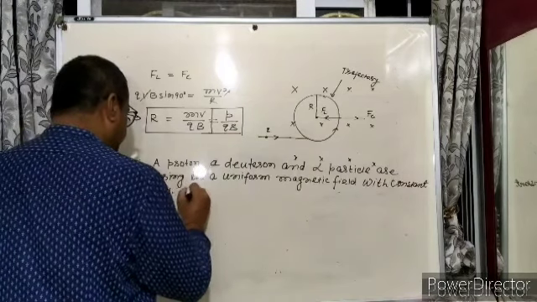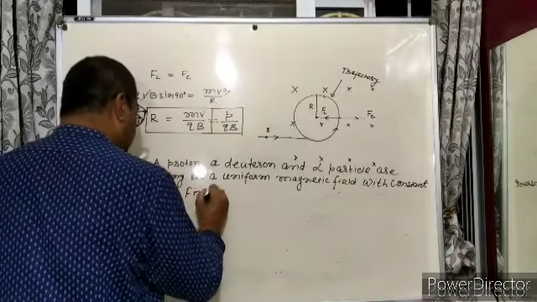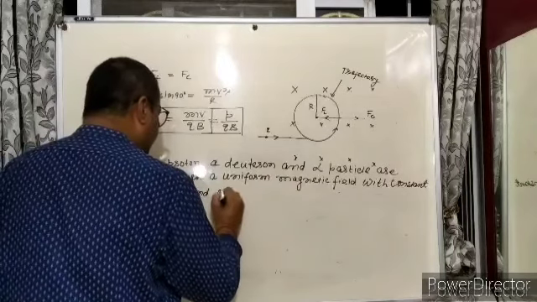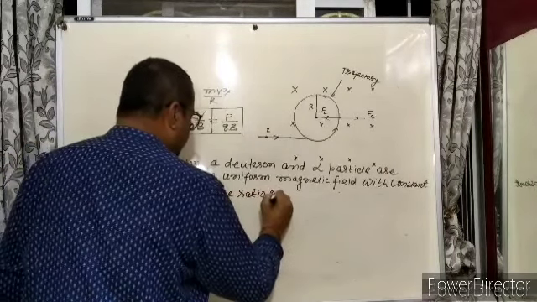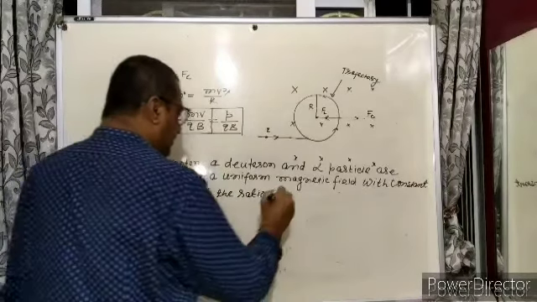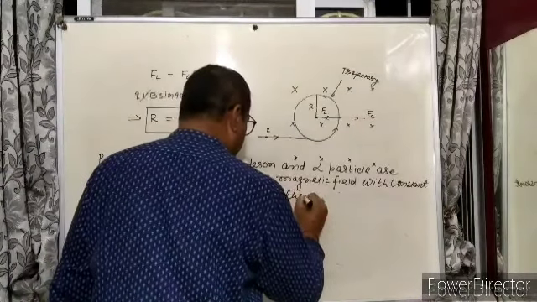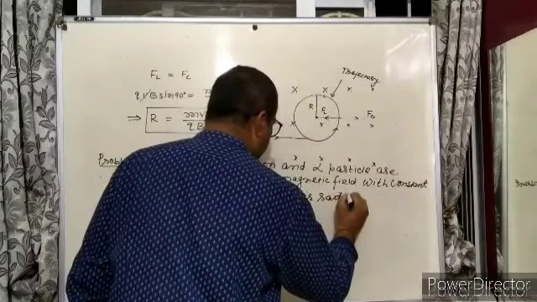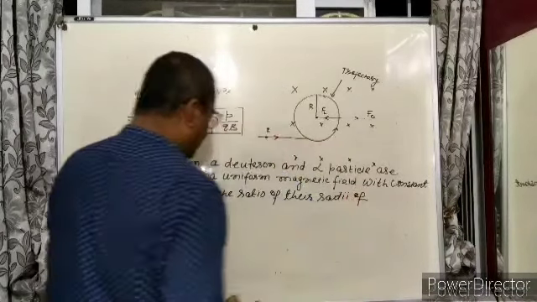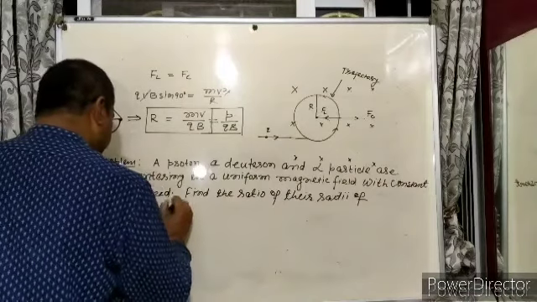Find the ratio of their radii of trajectories.